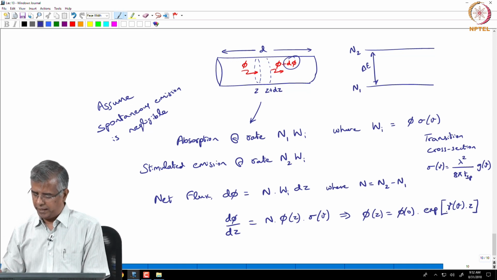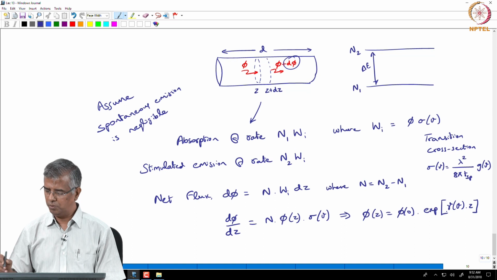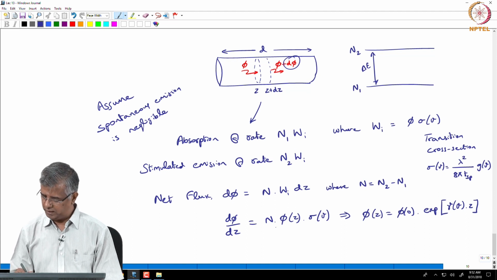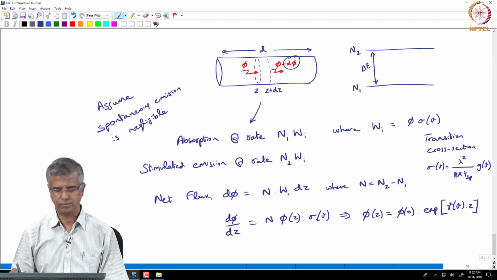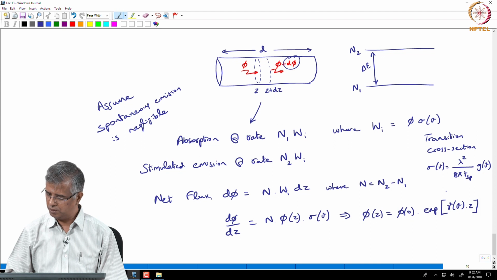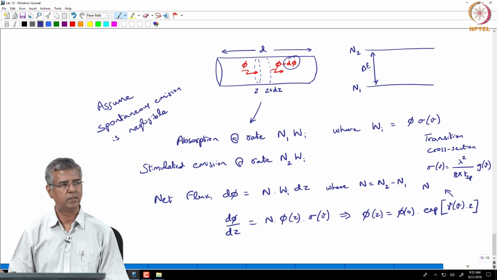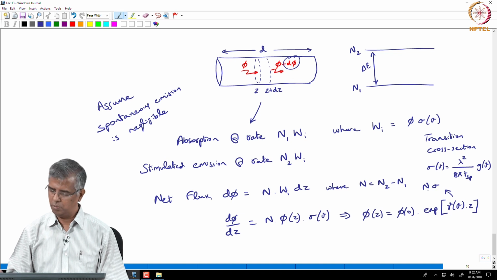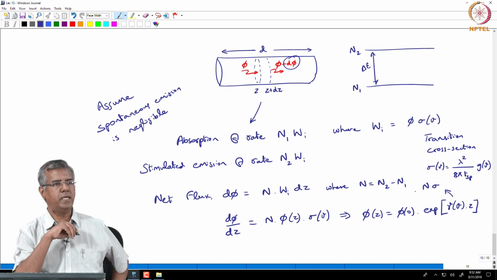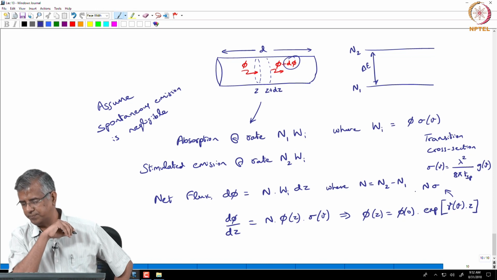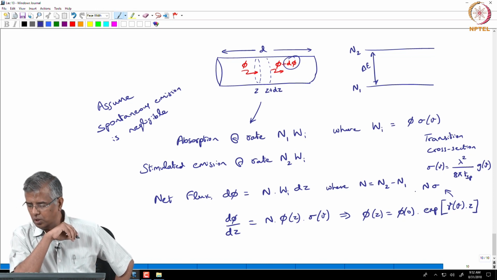So, where gamma of nu is representing N multiplied by sigma, right. So, gamma of nu is representing that inversion multiplied by the transition cross section, okay.